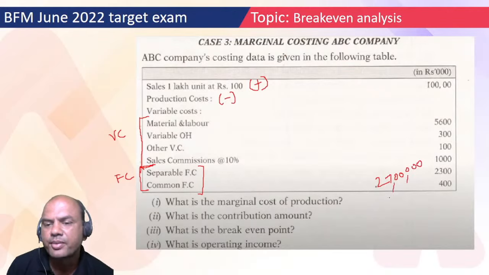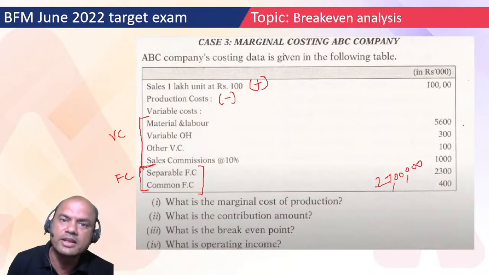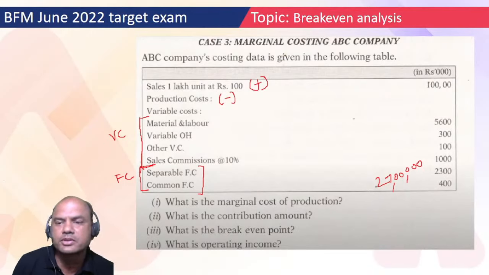Okay, got this point? So now you got what is income? Income is this 100. What is outgo? All these remaining ones. Okay, so what we'll do is we'll first calculate the total of these variable costs, because it becomes easier for us in the problem also. 56 plus 3 is 59, plus 1 60, 60 plus 10 is 70.